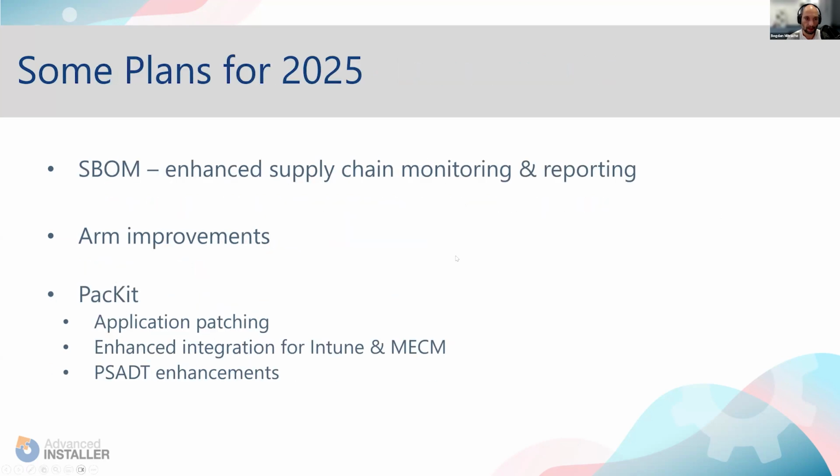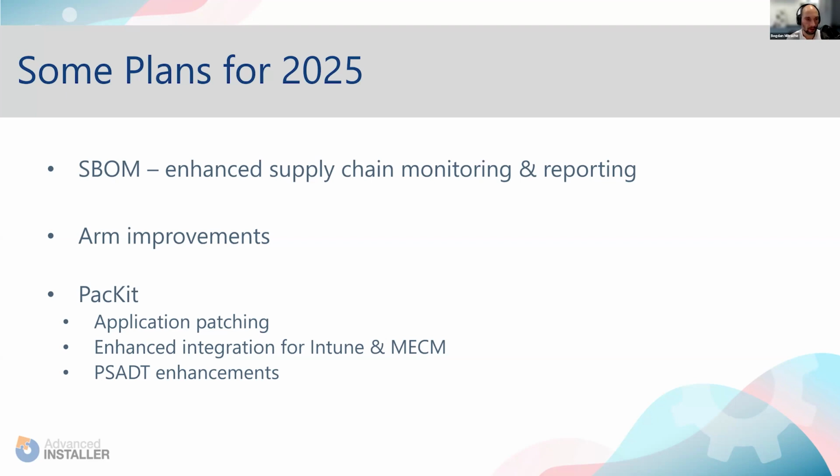For next year, we plan to continue our focus and collaboration with Microsoft to enhance the security provided to you, and that you also ensure to your customers. So helping you generate a software bill of materials, or an SBOM, should help you enhance the supply chain monitoring and reporting of the packages that you include in your own software, open source components and other tools that get included there, and keep a better track of whatever is included there, if there are any vulnerabilities and some other things that need to be monitored.